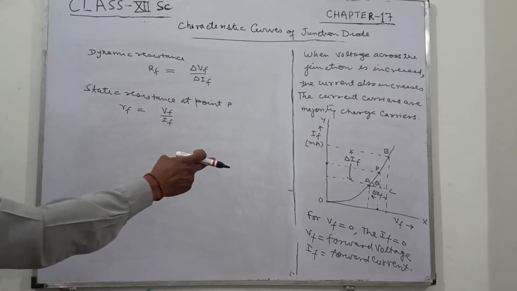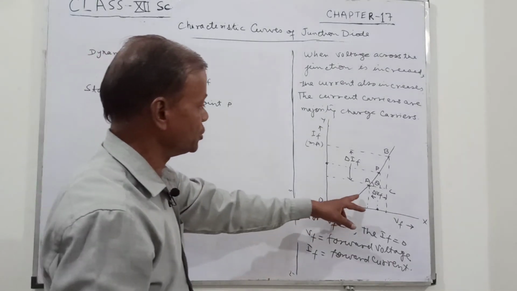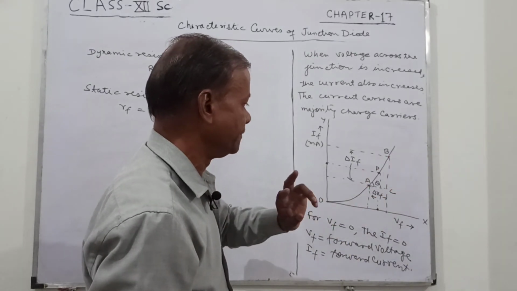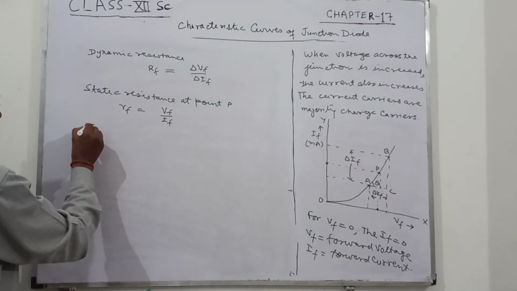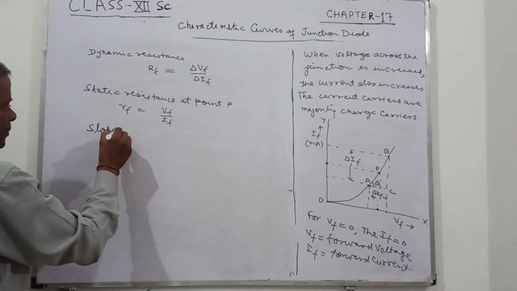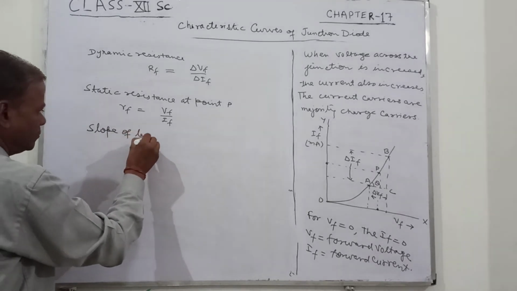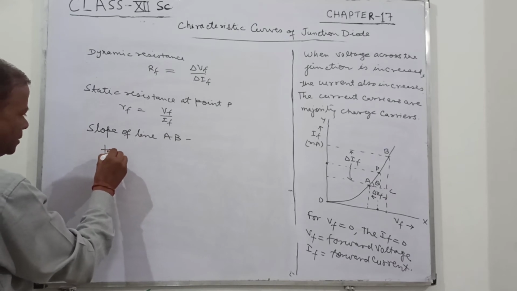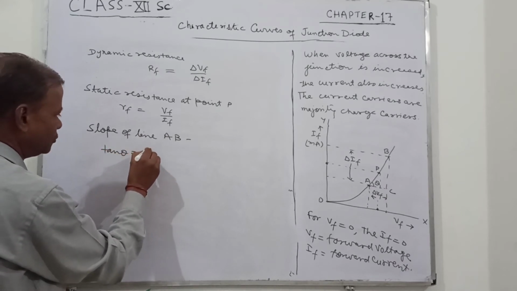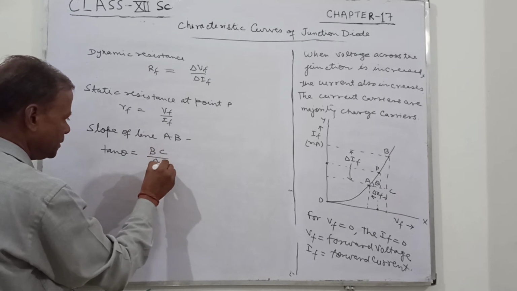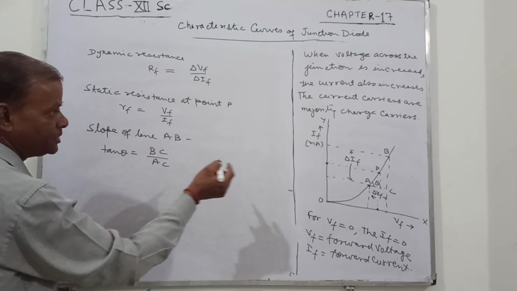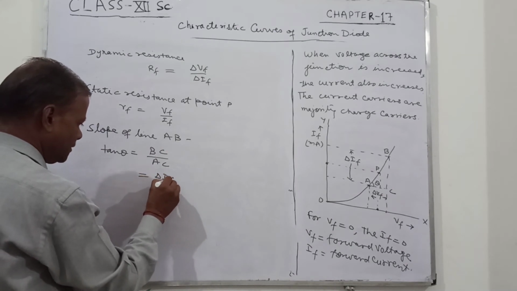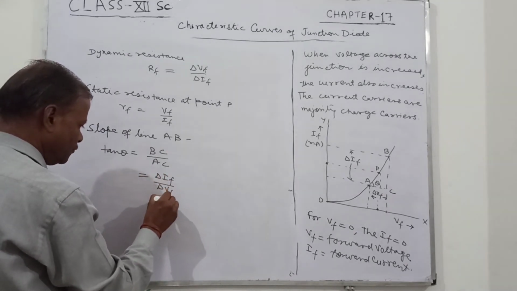You can see from here that if we find the slope of this line AB, it will be BC upon AC. The slope of line AB, this is tan theta, is equal to BC upon AC. This BC is delta If, so tan theta equals delta If upon delta Vf.